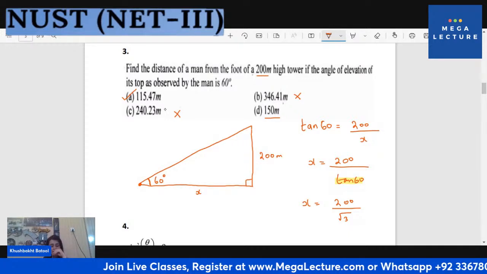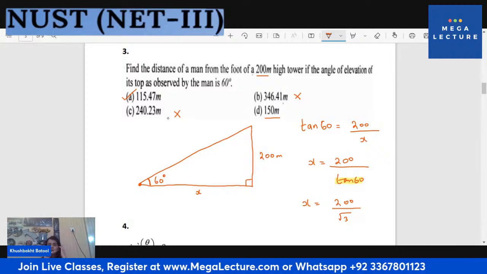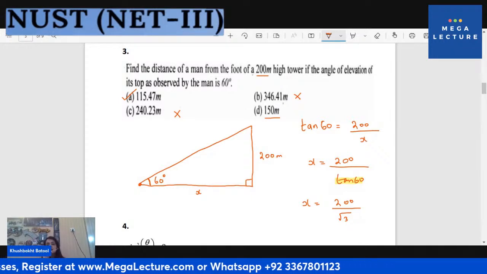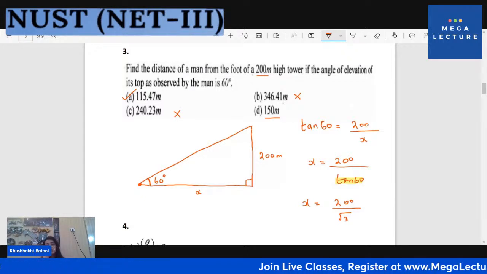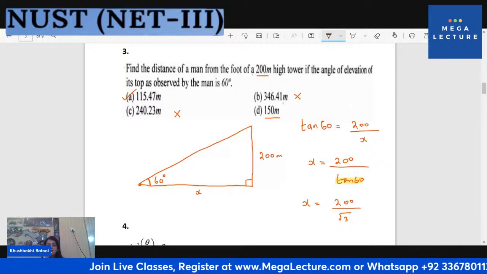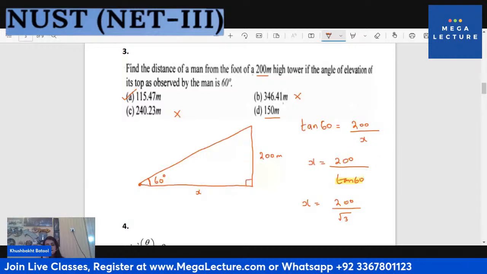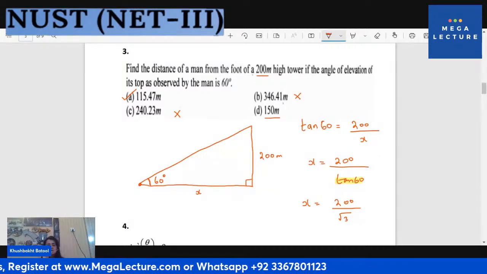115.47. I repeat, this question has to be done without calculator, so you need to be logical while solving these questions. Everything is clear, only the calculation part is complicated. The value of tan 60 is something which you need to memorize, that is root 3. Root 3 is something greater than 1, so B and C are cancelled.